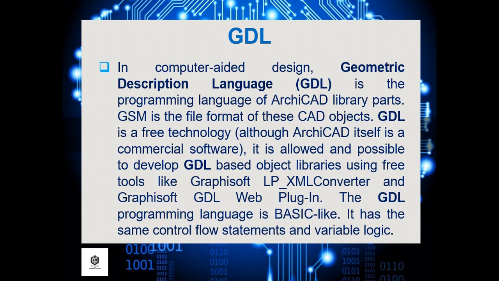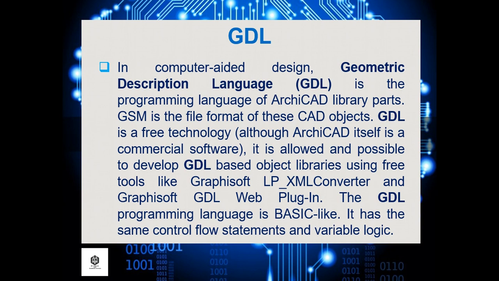GDL. In computer-aided design, Geometric Description Language or GDL is the programming language of ArchiCAD library parts. GSM is the file format of these CAD objects. GDL is a free technology, although ArchiCAD itself is a commercial software.